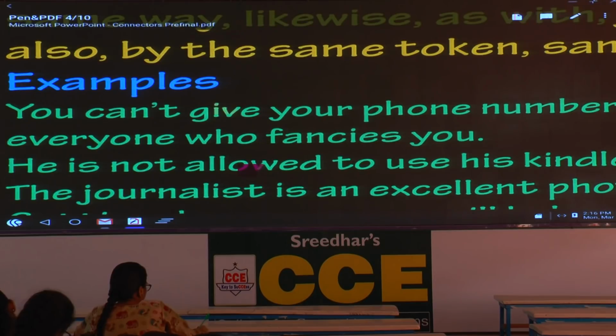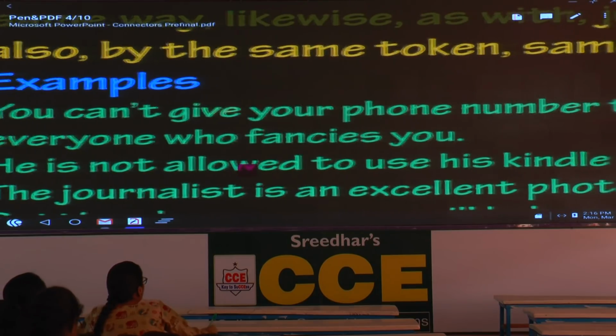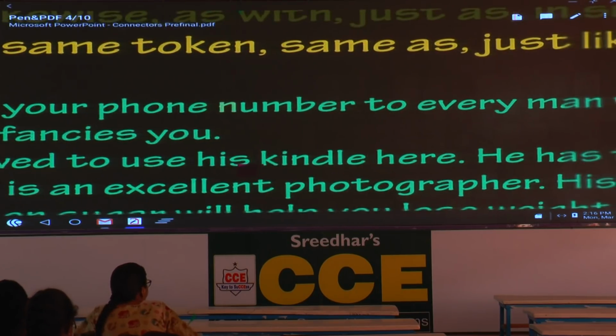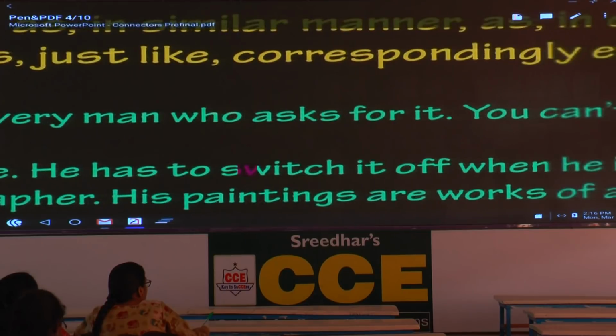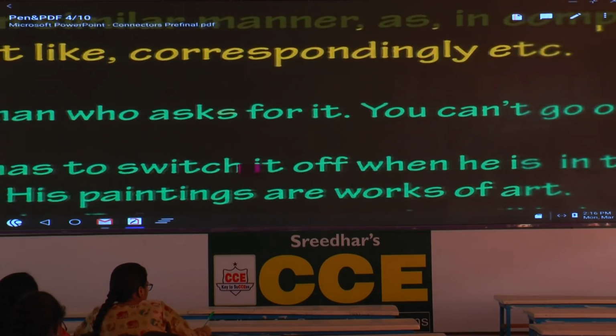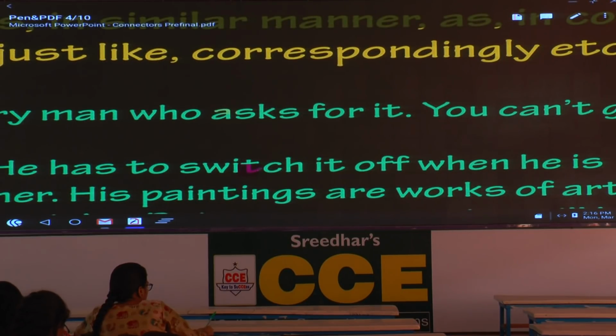That is a formal expression. Please underline that. By the same token, same as, just like, correspondingly. The last word is correspondingly.